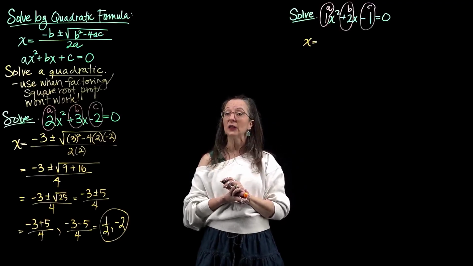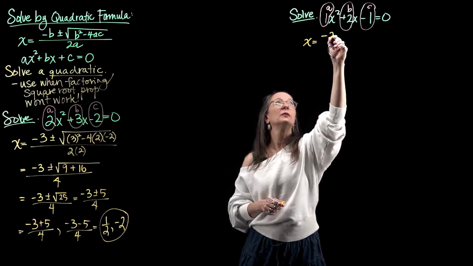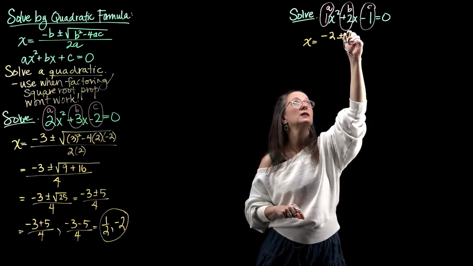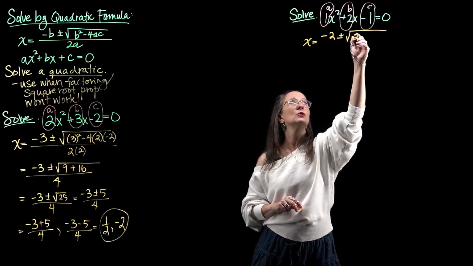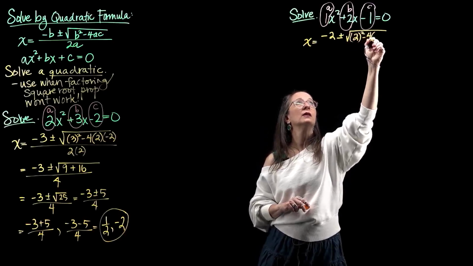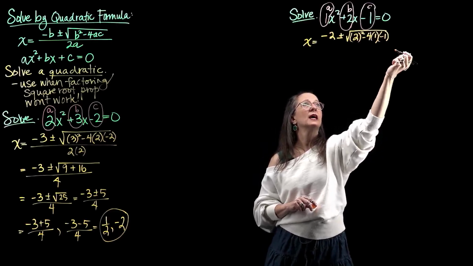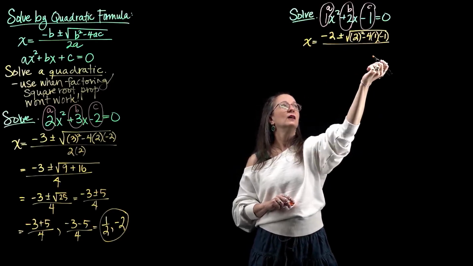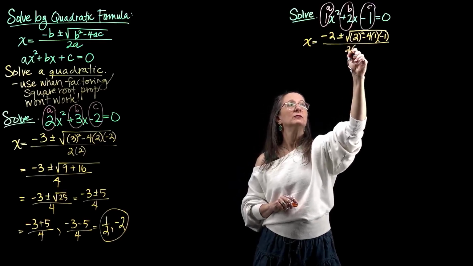All right, so x equals opposite of b or negative of b plus or minus, so negative 2 plus or minus the square root of b squared, so 2 squared minus 4 times a, which is 1, times c, which is negative 1, all divided by 2 times a, which is 1.